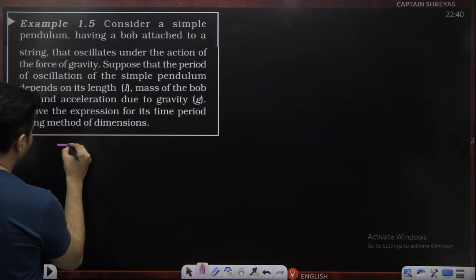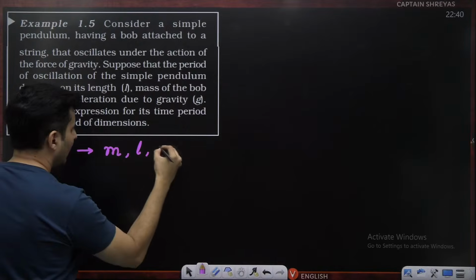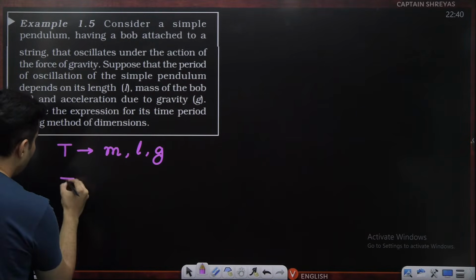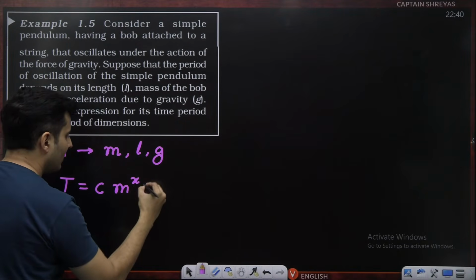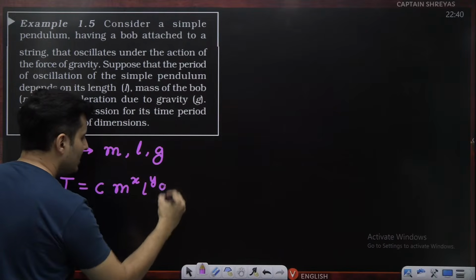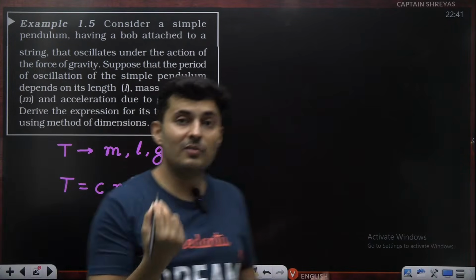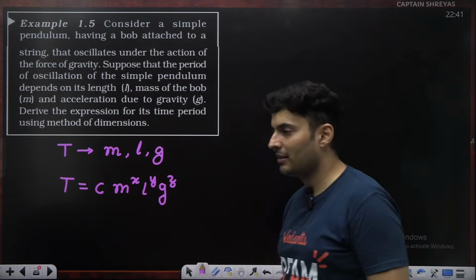So now we know the time period depends on the mass, length, and gravity, but how exactly is the formula? I don't know. So let me assume a formula: some constant C into mass raised to x, length raised to y, g raised to z. X, y, and z are the powers to which you raise those quantities. I do not know what they are.